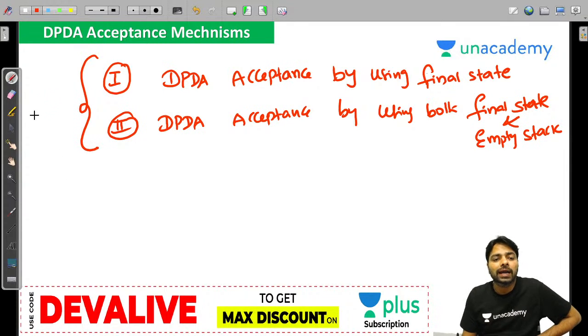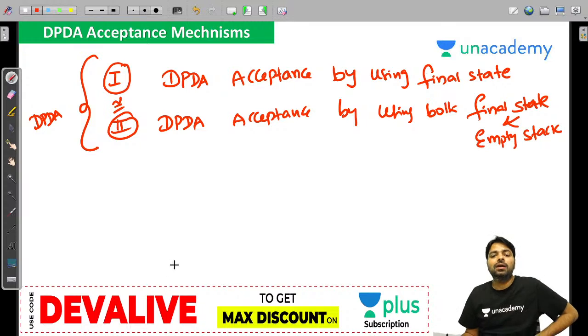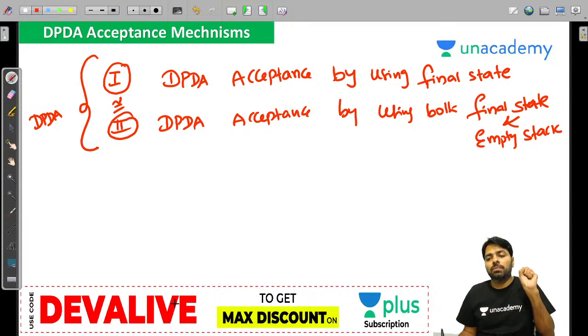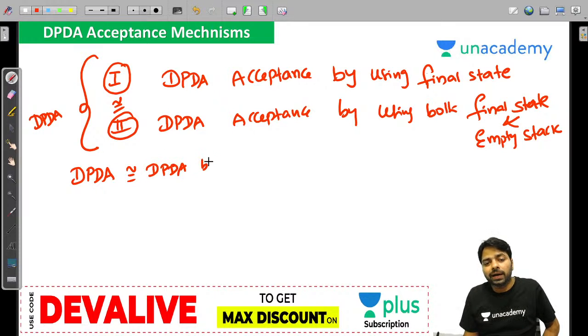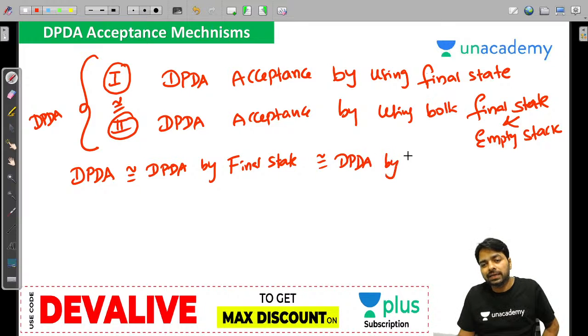These 2 are actually called DPDA only. DPDA you can say by using final state or by using empty stack, all are same here. DPDA is equivalent to DPDA by final state, or DPDA by both final state and empty stack.